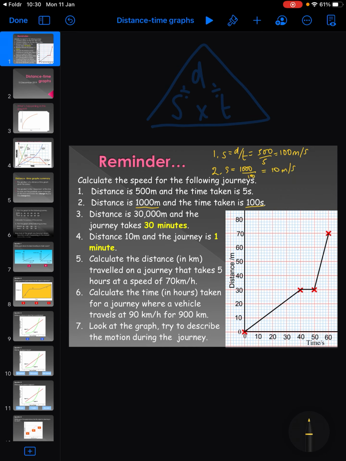Number 3, distance is 30,000 meters and the time is 30 minutes. Now I've put minutes in bold there because a reminder that you need to turn minutes into seconds. So how many seconds in a minute? There are 60 seconds every minute. So if you have 30 minutes, you have 30 times 60 to turn it into seconds.